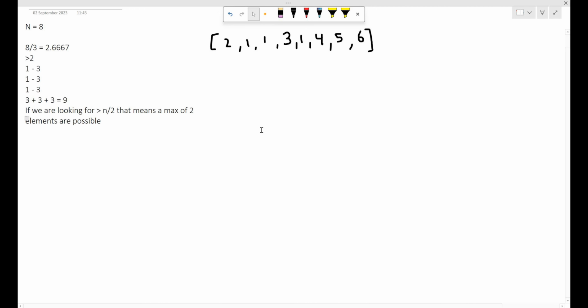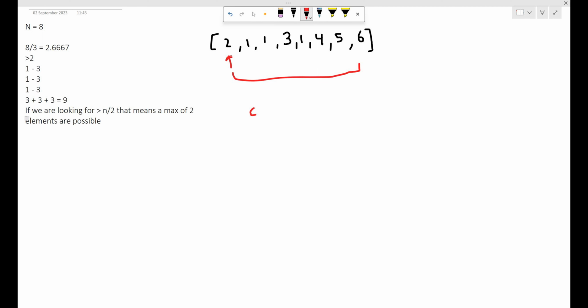Okay, so now let's start from the very basic approach. Let's assume we are starting from the first element, that is 2. Then what we can do is search for 2 in the whole array, and if we find a 2, we can maintain a count.